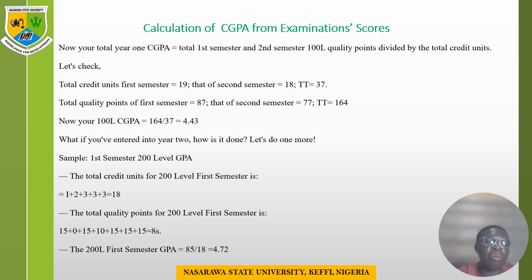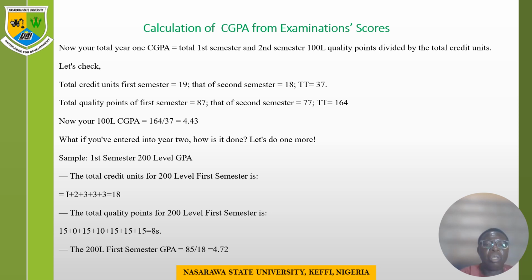Now your 100 level CGPA will be 164 divided by 37, which equals 4.43.